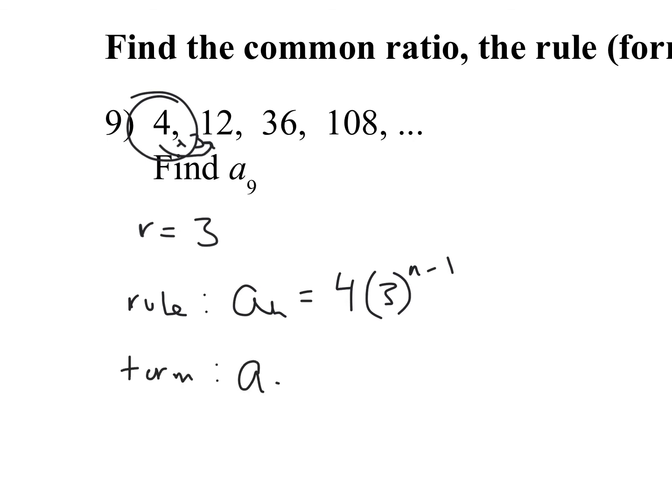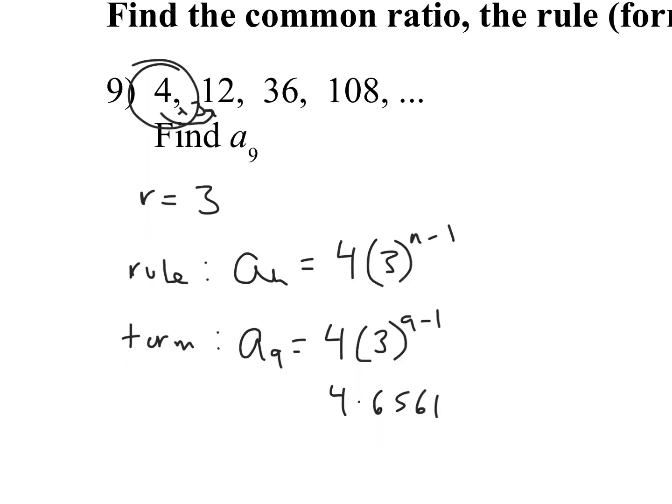And then next, we have our term. We're looking for a sub 9. So we're plugging in 9 for n. So we have 4 times 3 to the power of 9 minus 1. 9 minus 1 is 8. So 3 to the power of 8 is 6,561. And then we just multiply this times 4.